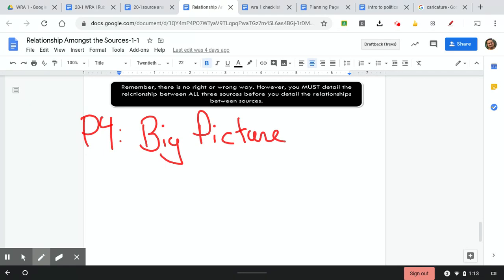Maybe they are all demonstrating historical globalization through colonialism. That's the case, identify it. After you have done this, you must do each individual relationship. You can do it in whatever order you want, but you need source 1 and source 2, source 1 and source 3, source 2 and source 3. You must do all three.